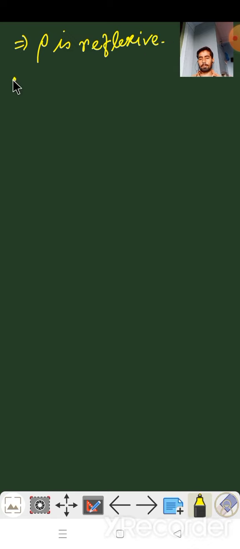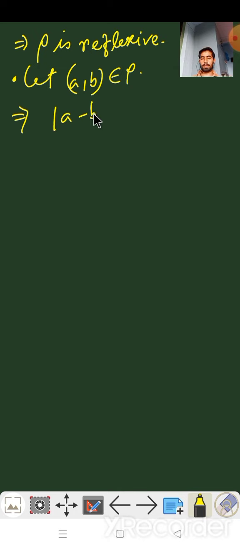Now we will check whether rho is symmetric or not. Let an ordered pair (a, b) belong to rho, which implies that mod of a minus b is less than or equal to 3.